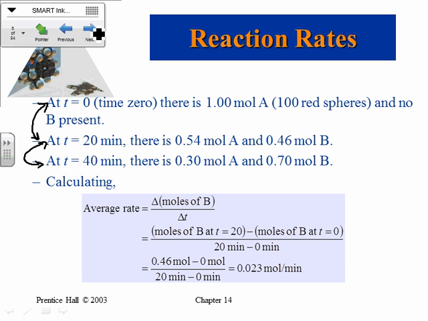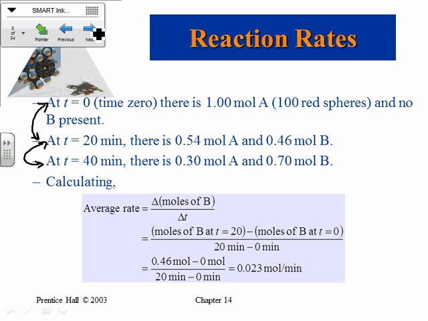Assuming that the rate stays fairly constant, those numbers should give you similar answers, but that may not always be the case. Oftentimes, a reaction slows down as it gets towards the end, and so the rate is actually going to change over time. But in this one, you can pick whichever one you want.